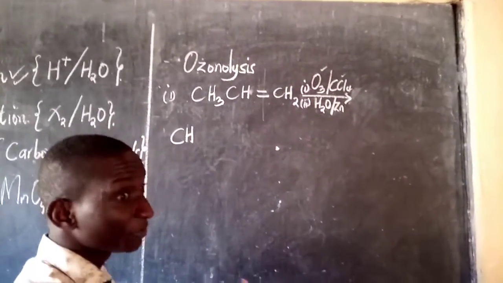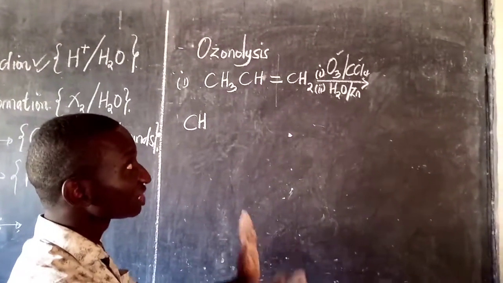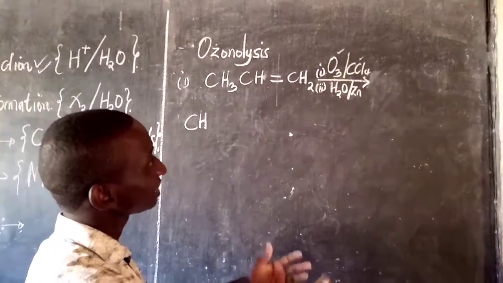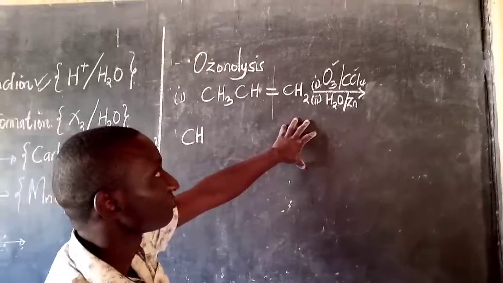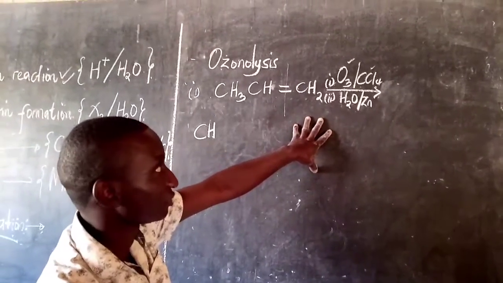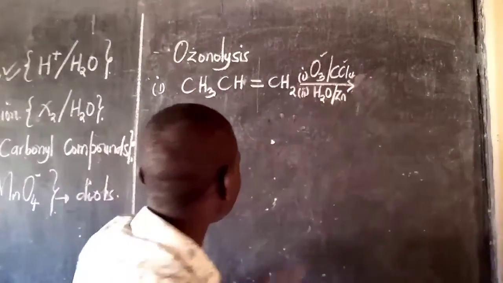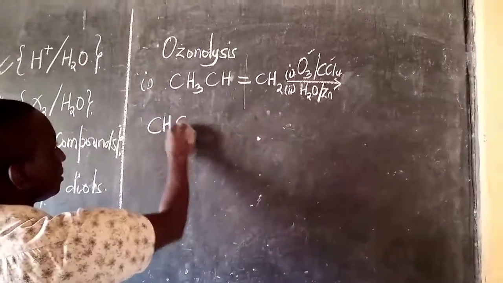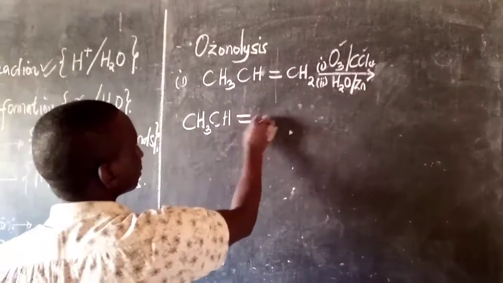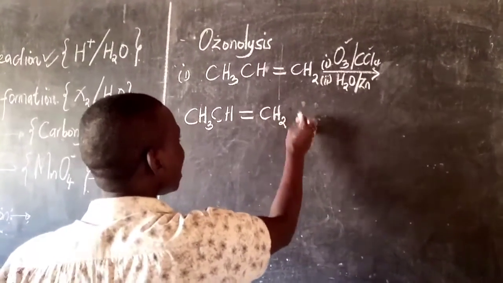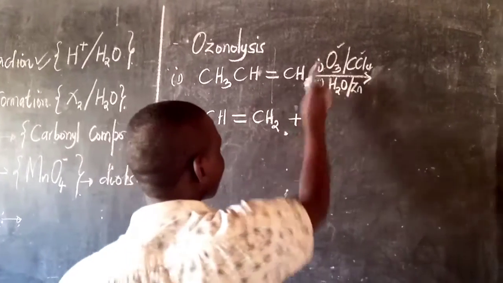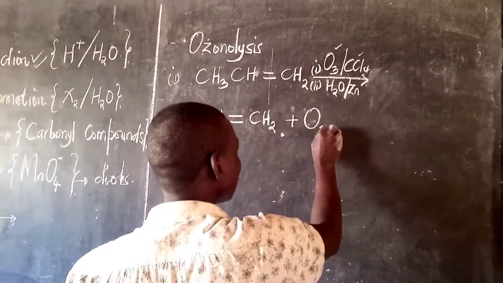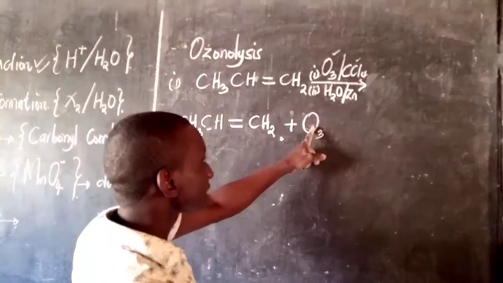We shall not go deep into the mechanism, but we shall see how exactly things come about at this advanced level according to the Ugandan curriculum. Just needs to illustrate. So we have CH3, CH, and CH2. When you add the first case, when you add ozone, means 3 what?